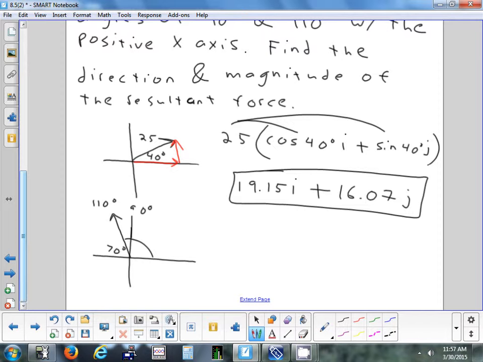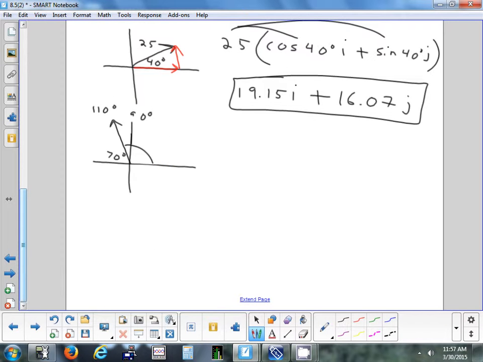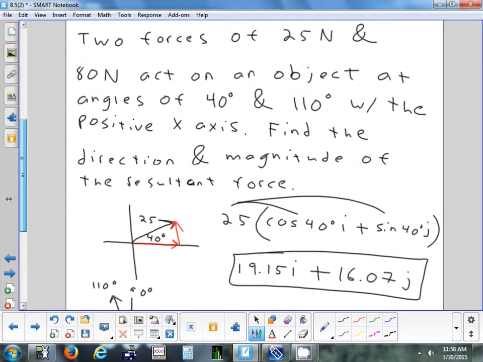That means that one would be 70, because together 70 and 110 make a straight angle of 180. Some people might just want to forget about the diagram and think about it as a triangle problem. That's fine too.